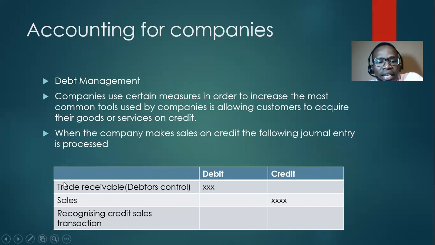It will say debit trade receivables, or debtors control, credit sales, right? This is an asset. Why is it an asset? Because the company has got the right to claim money from those debtors or customers that it sold to on credit, right?